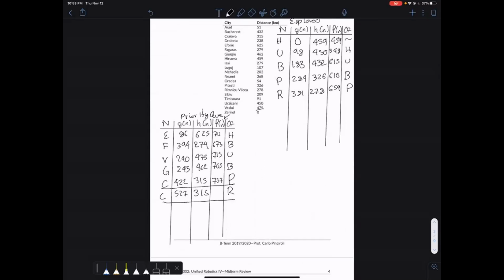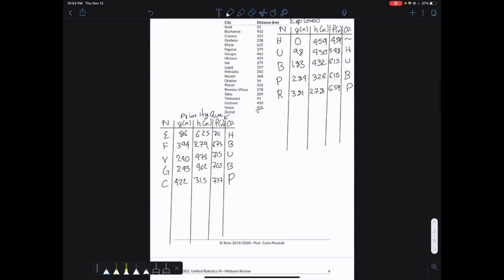In this case, the one from P is lower, so we keep that one. But if the one from R was lower, we would replace the P one with the R one. Does that make sense? That's a very important thing that he might try to get you on in the exam. I will take your silence as yes.